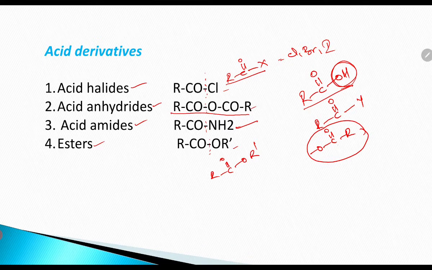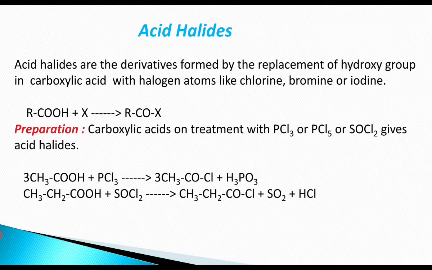This RC double bond O group is an electron withdrawing group, and our oxygen atom is highly electronegative. Therefore, all these acid derivatives can be easily attacked by nucleophiles, and they undergo nucleophilic substitution reactions very easily. We will discuss all these in the next few minutes.